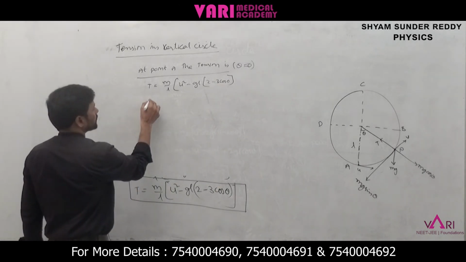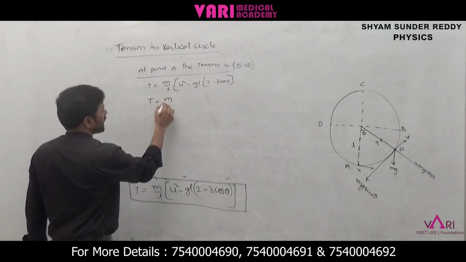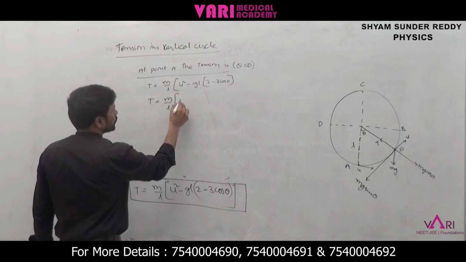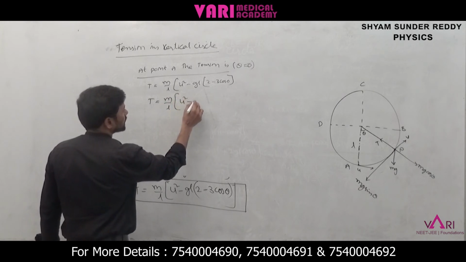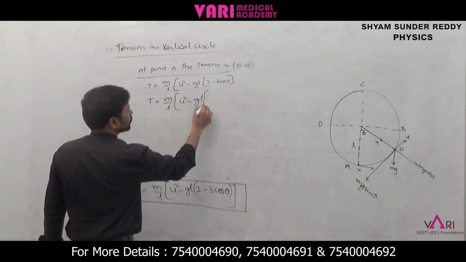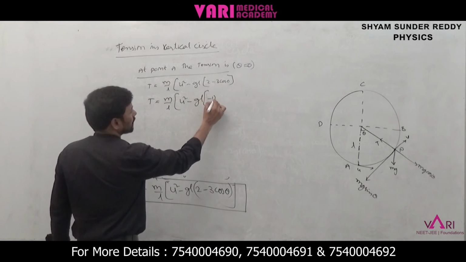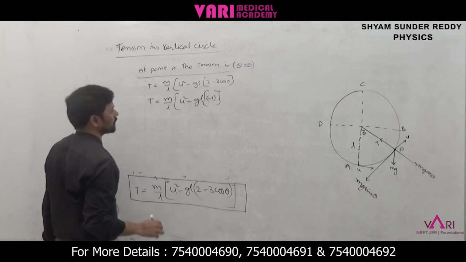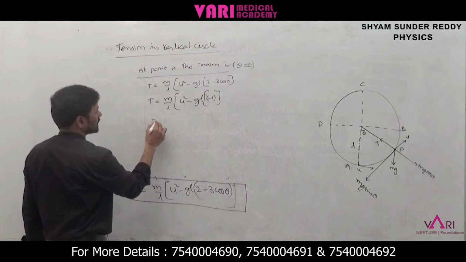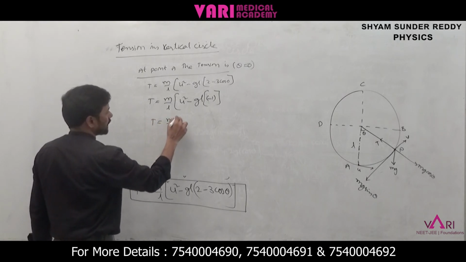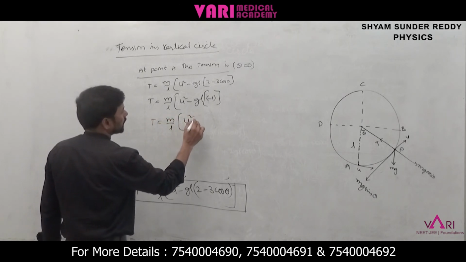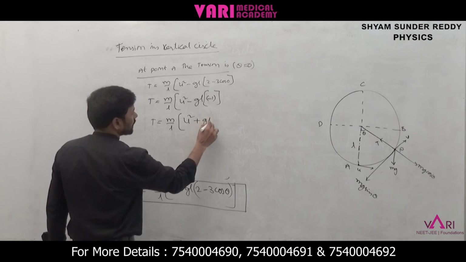It will become T is equal to m by L into u square minus gl into, look at that, this is 3, this is minus 1. So, we are getting T is equal to m by L into u square plus gl.